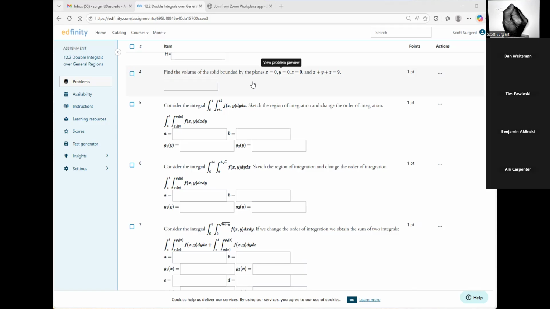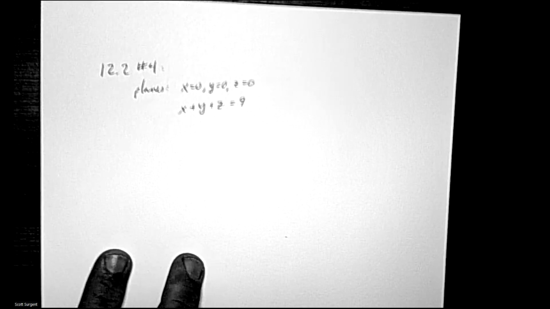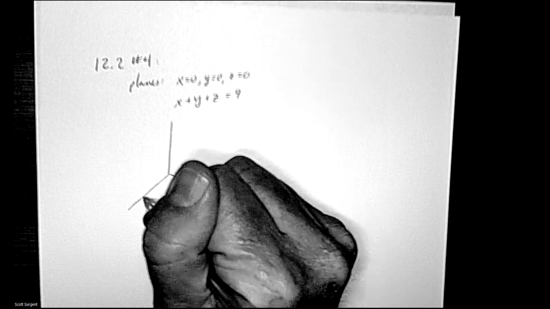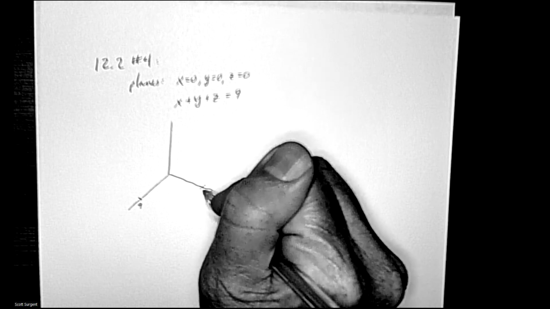So we got the planes x equals 0, y equals 0, z equals 0. And then we've got the slanting plane x plus y plus z equals 9, and I can even draw that, kind of. The intercepts are 9, 9, and 9.